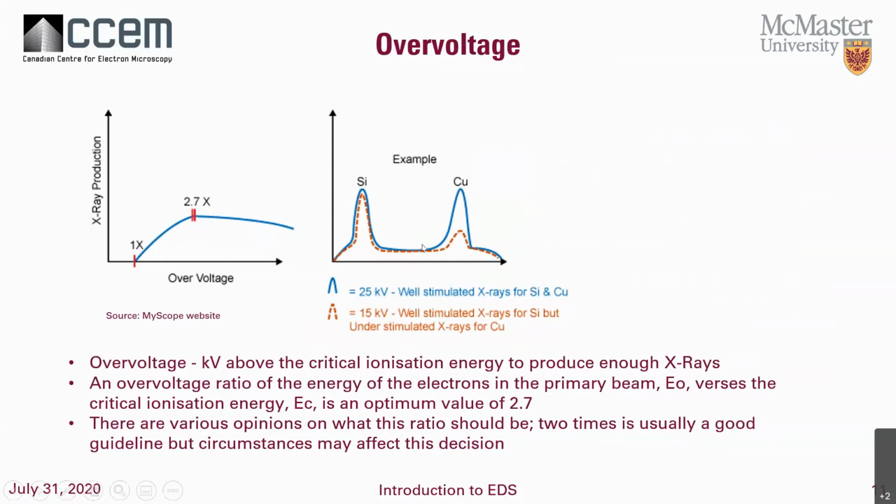And here you can see where we've done some understimulation. So at 25 kV, both the silicon and copper peaks are well stimulated. But at 15 kV, there's a reduction in the amount of X-rays you get for copper. So copper is around 8 kV. So we may want to go a little bit higher to get proper stimulation. So that has to be considered as a very important factor. So you have to get the kV at a value that's high enough.